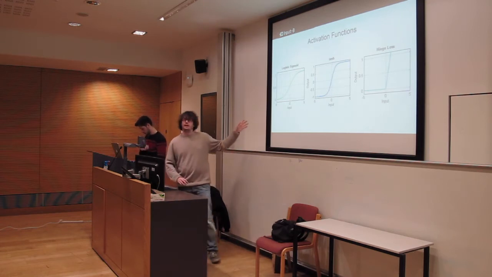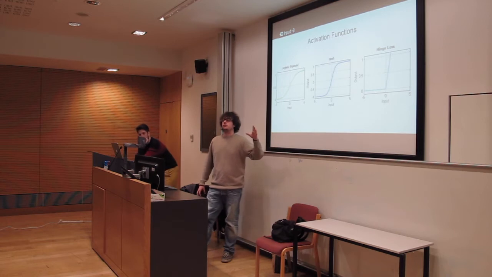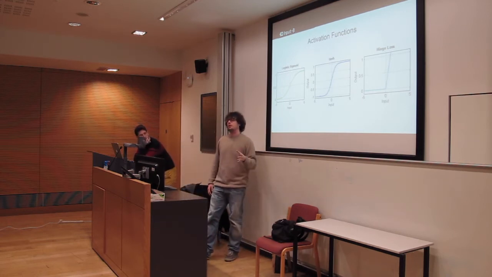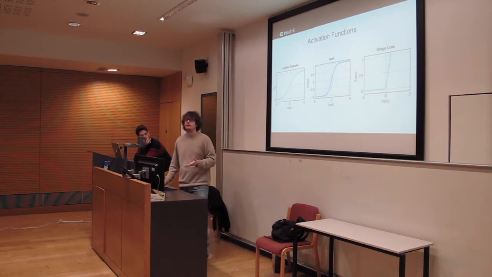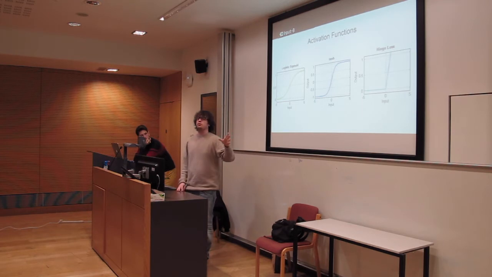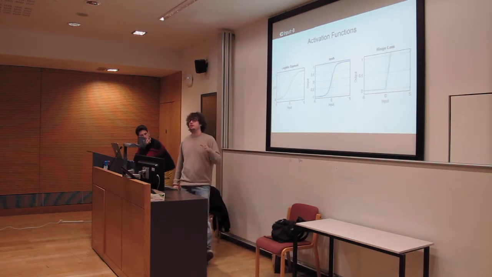Because without any activation function, the entire network would just reduce to a simple linear transformation. It would be a linear model, very simple and very limited in what you can achieve. But it's the combination of all these linear transformations with the nonlinear transformations embedded within the network that gives neural networks their representation power.